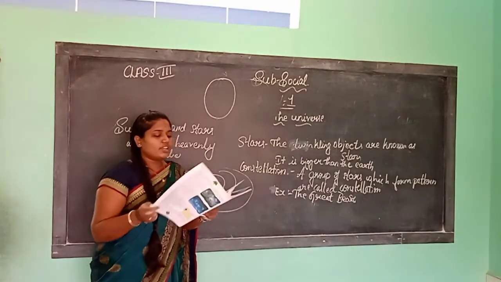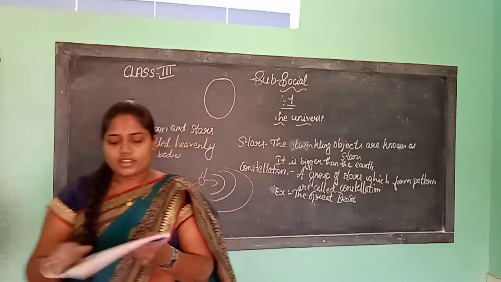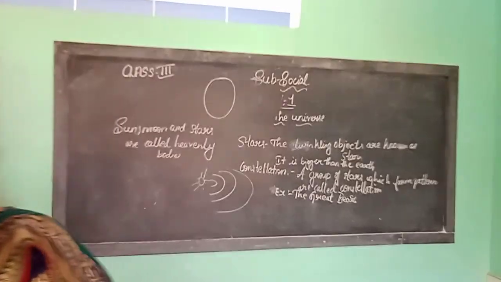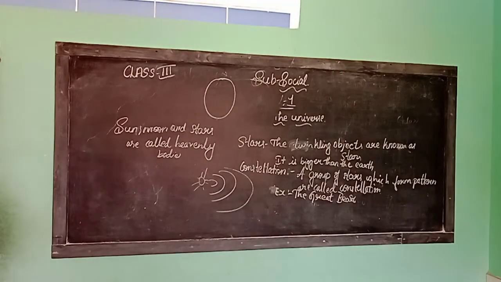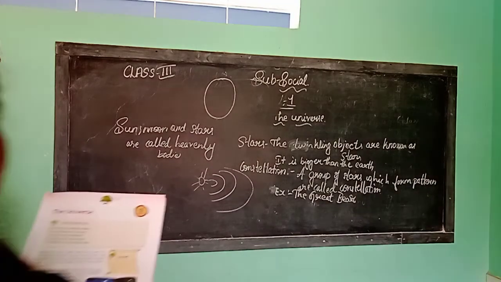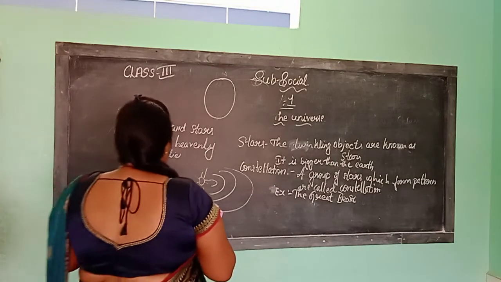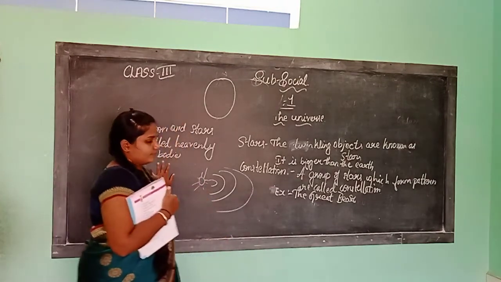So in this class, what do we learn, children? What are the topics we learn? We live on the Earth. Earth is called a planet. We live in the solar system.